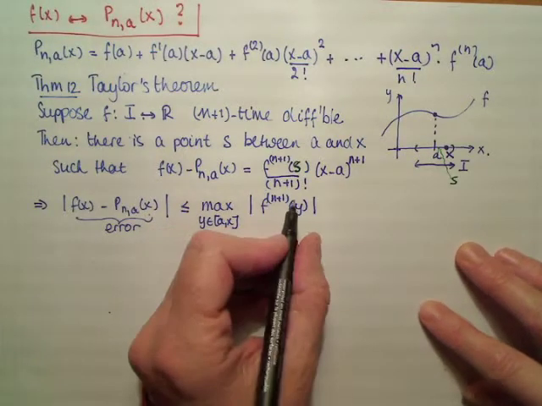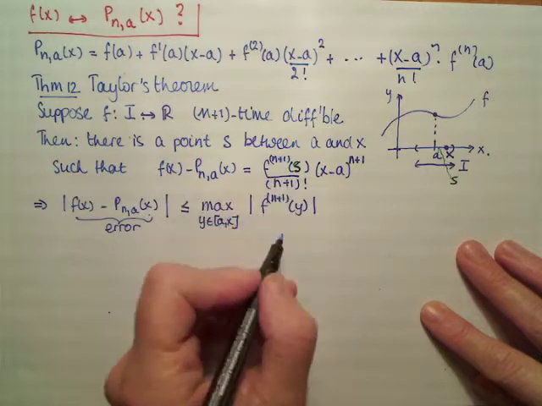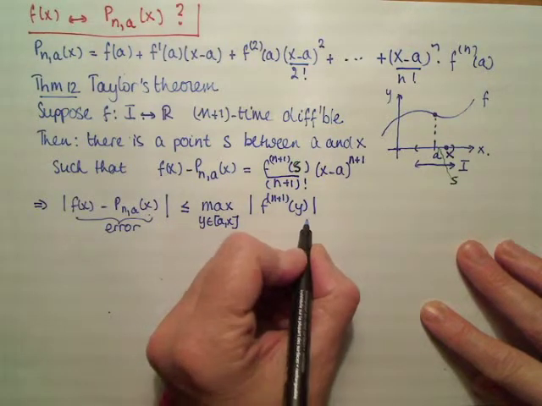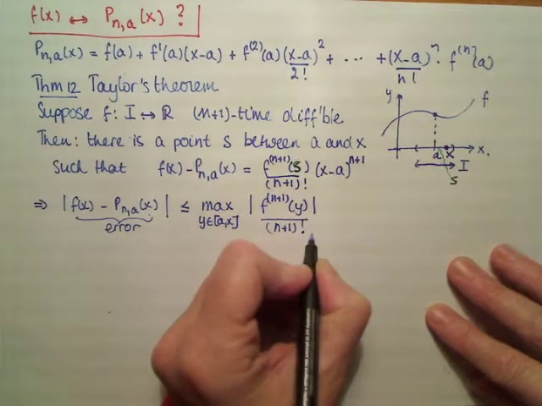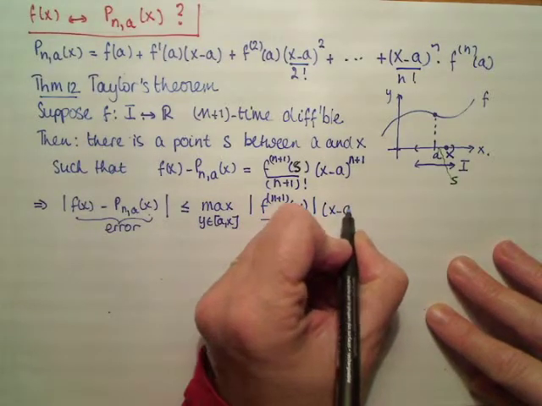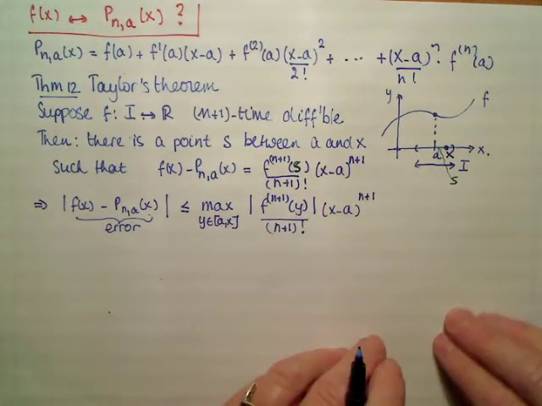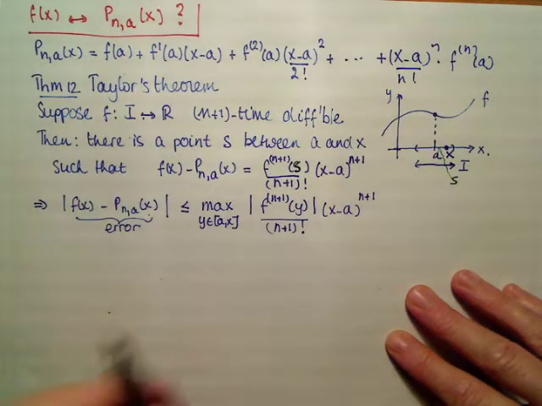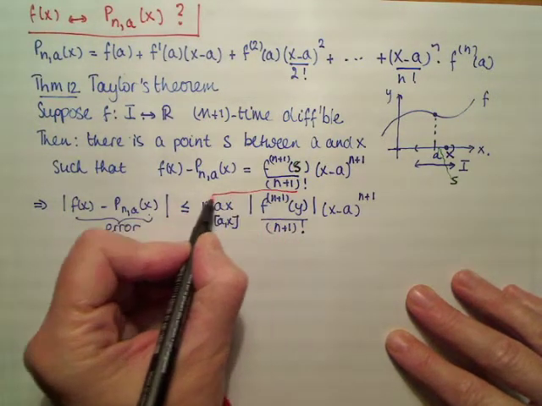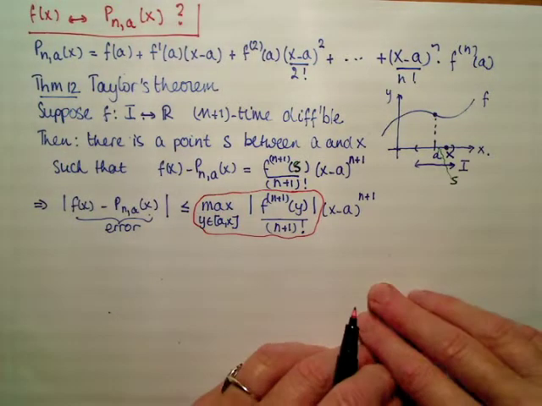And that is the only thing that we cannot precisely compute, that we cannot control precisely, but the other terms are known. So we have to divide by n plus 1 factorial and multiply by the difference between x and base point a to the power n plus 1. So this maximization is the thing that makes this bound a little bit harder to assess.